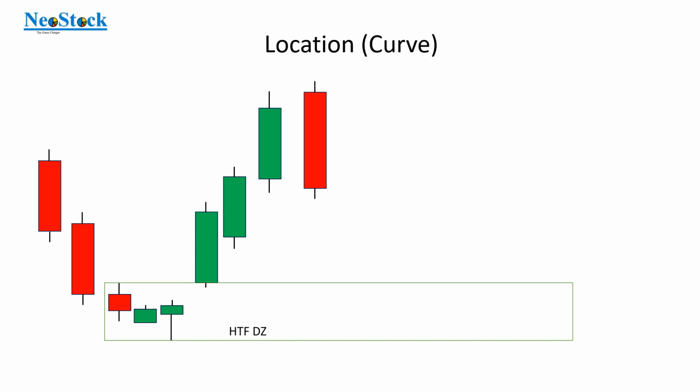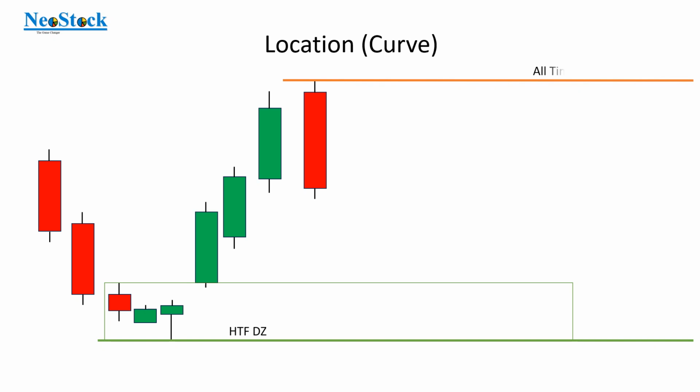From all-time high to the distal line of the demand zone, you can draw the line. This is not a D2D range line. Now this is D2ATH line. That means distal line to all-time high range. So at all-time high, you just draw the horizontal line. First you identified the distal line in your demand zone. After that, you draw a horizontal line.